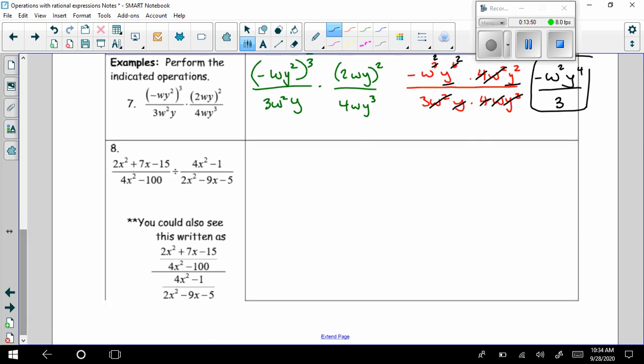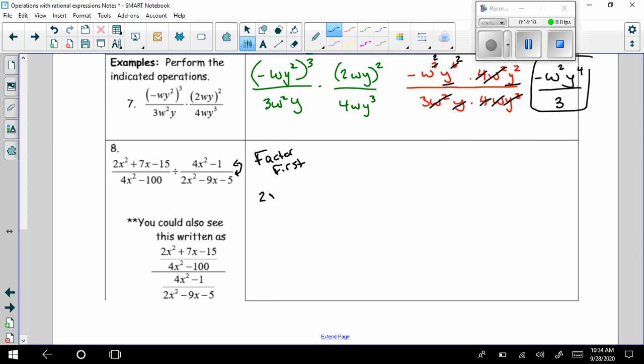For these, we're going to always factor first, after we get this problem set up, before we try to multiply anything. So the first thing I'm going to do is flip my second fraction and just rewrite this.